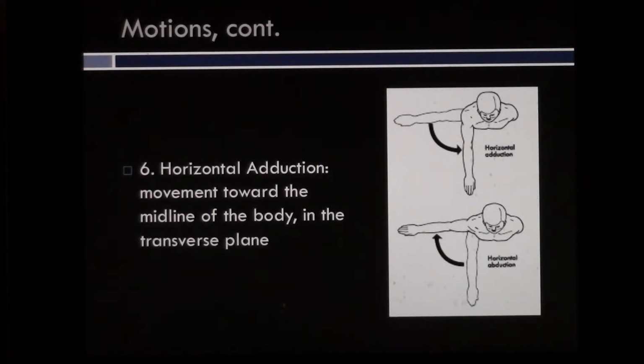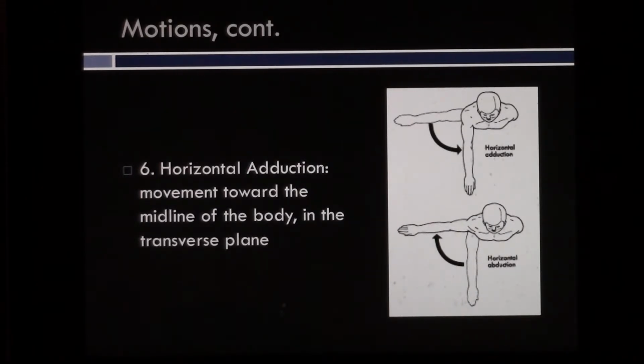All right, our last motion: horizontal adduction. Movement toward the midline of the body in the transverse plane. Again, that flat box, pretend it's sort of like a tabletop, but we move it up to the man's shoulder height, then he can move his hands as if he's doing those big claps I've been talking about.